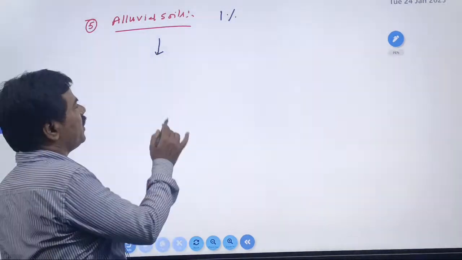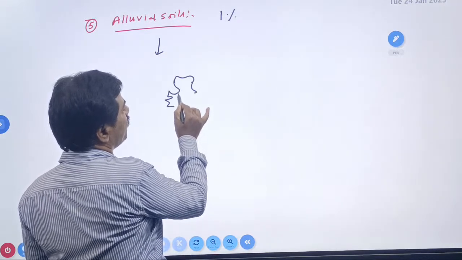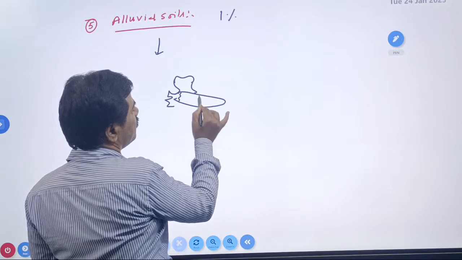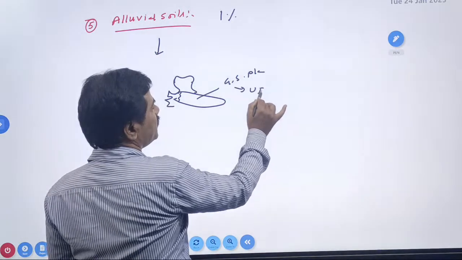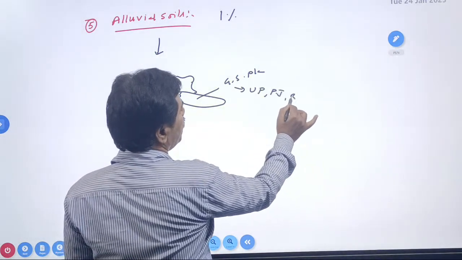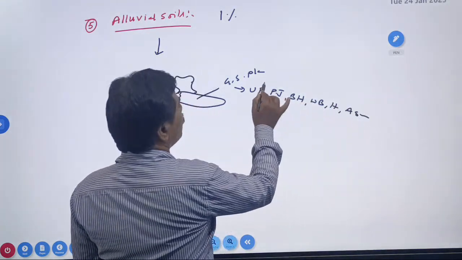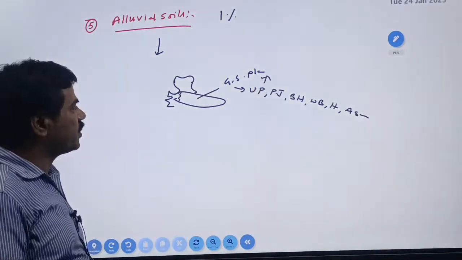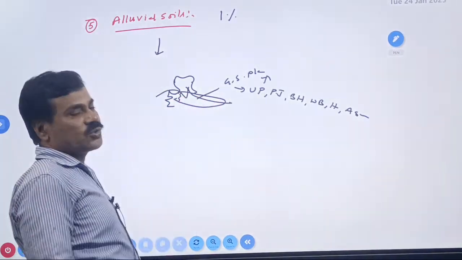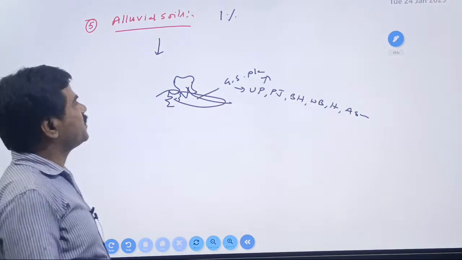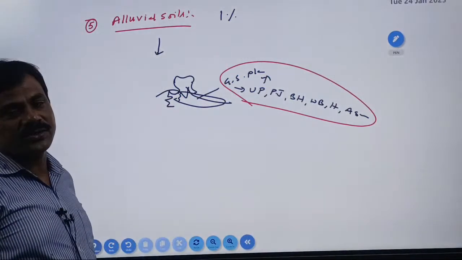This type of soil is maximum in India in the Ganga, Sindhu, Brahmaputra region, the Ganga-Sindhu plain, majorly in Uttar Pradesh, Punjab, Bihar, West Bengal, Haryana, Assam. More alluvial soil is in Uttar Pradesh from the Ganga river and also the Sindhu river. By these two rivers, majorly these districts are composed of alluvial soil.